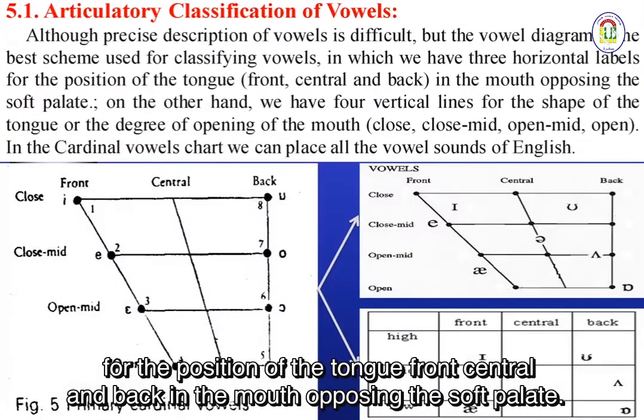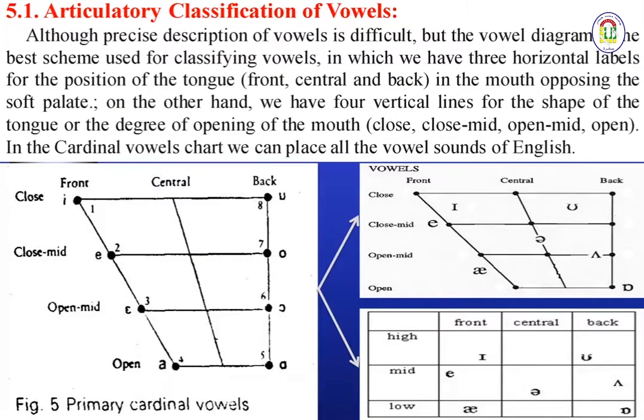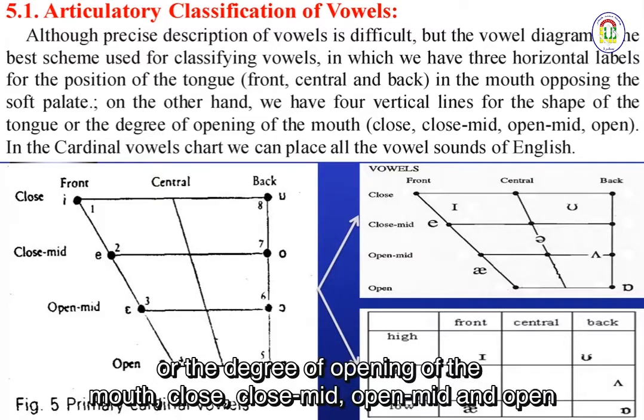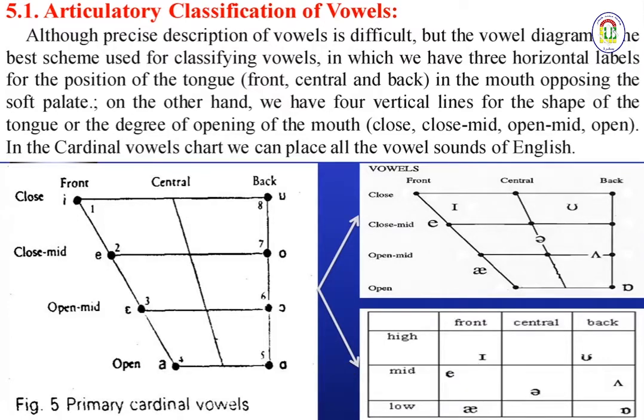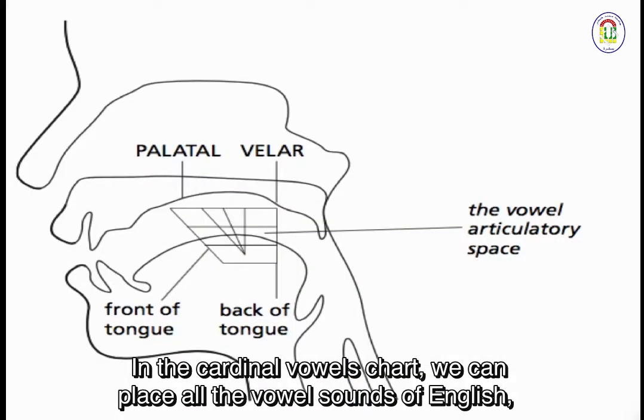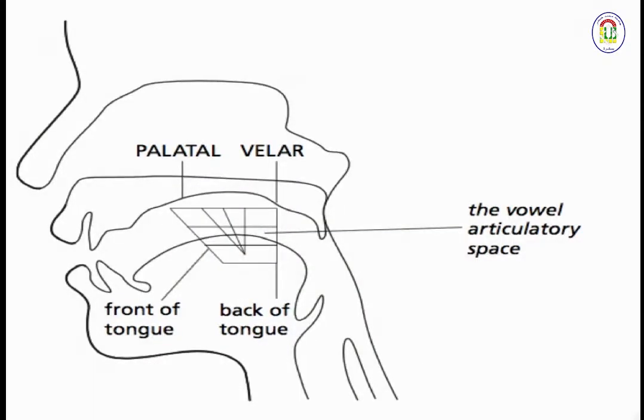In the mouth opposing the soft palate, on the other hand, we have four vertical lines for the shape of the tongue or the degree of opening of the mouth: close, close mid, open mid, and open. In the cardinal vowels chart, we can place all the vowel sounds of English.